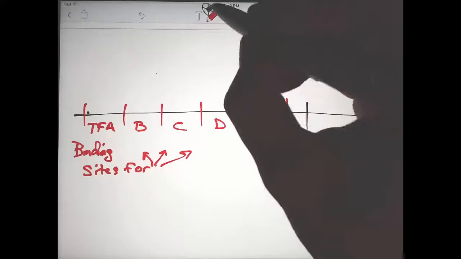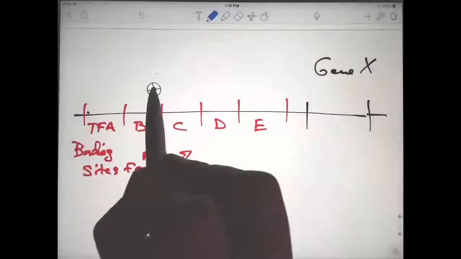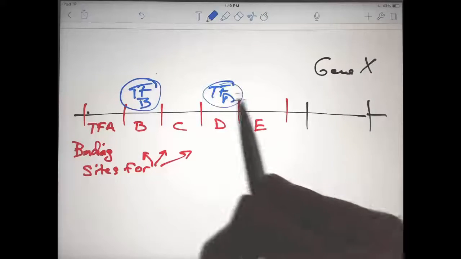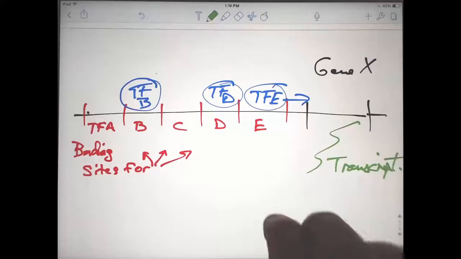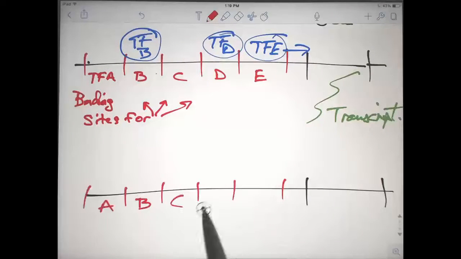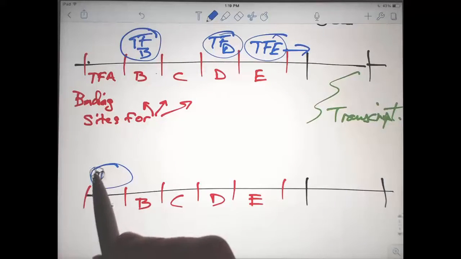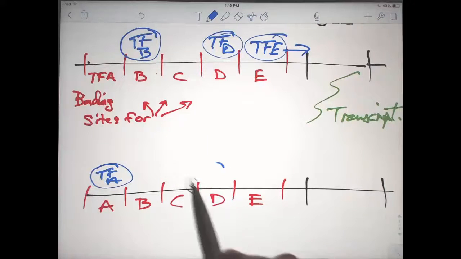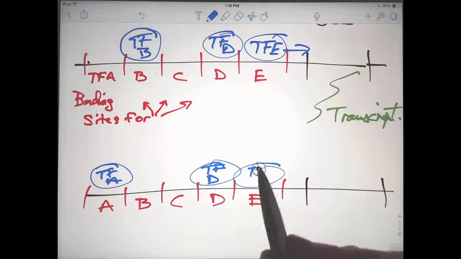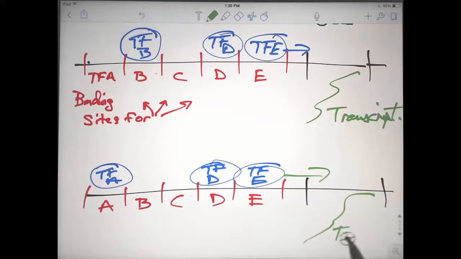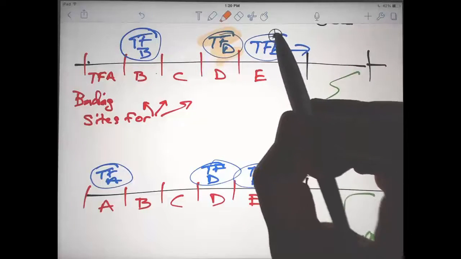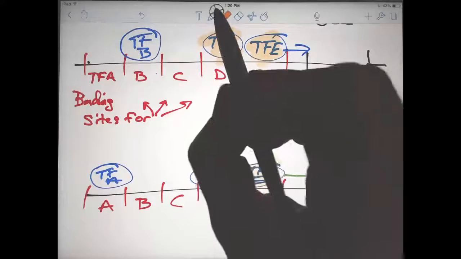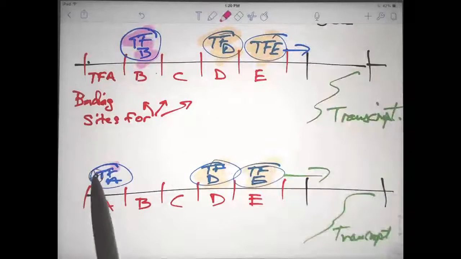So in one cell, it might be the case that TFB, TFD, and TFE cause transcription, but in another cell, it might be transcription factor A, transcription factor D, and transcription factor E that cause transcription. In other words, it could be that you always need transcription factor D, you always need E, but you could use either B or A.